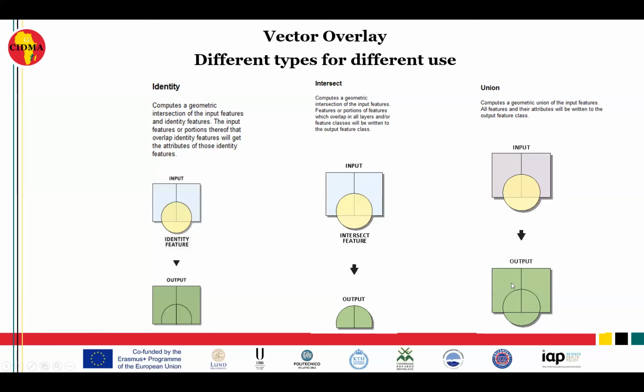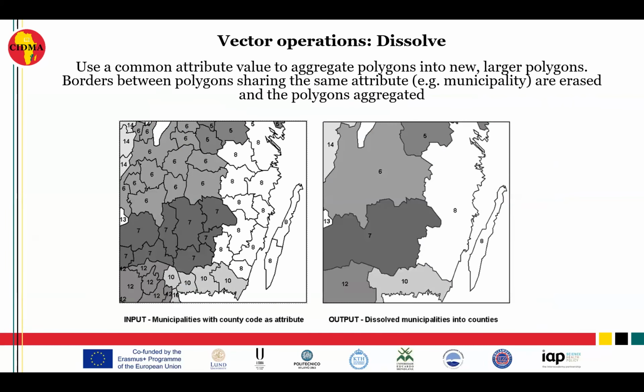And this part will only have attributes for the input layer. So those are the most important operations we do in a GIS, the different overlays in their different tool functions.